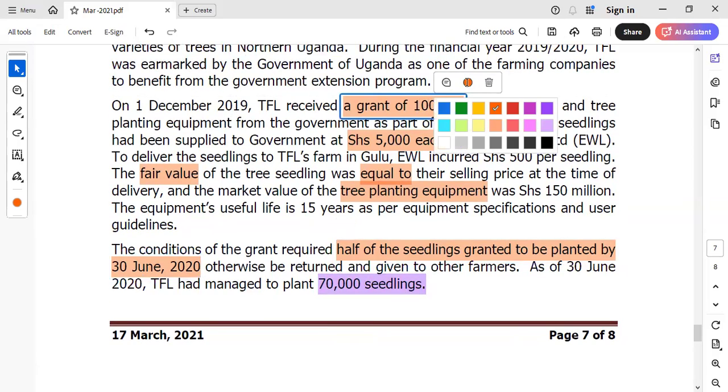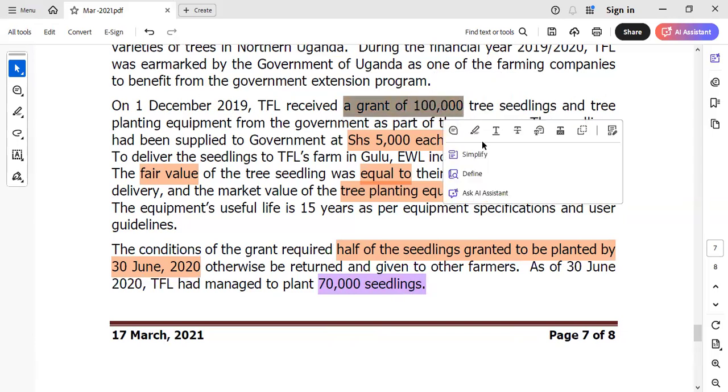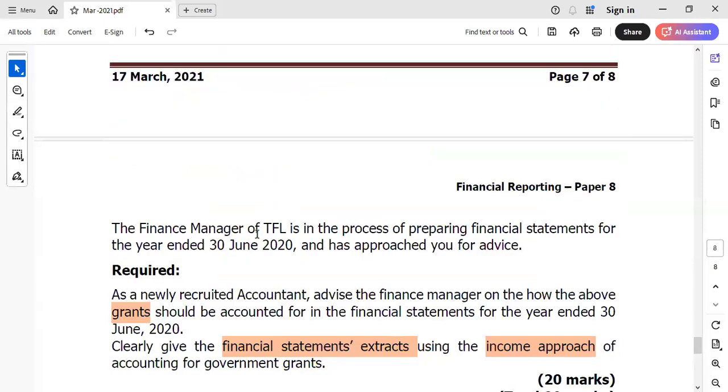Out of 100,000, by 30th June, you had planted 70,000. Remember, the condition is by 30th June to have planted half. So it means that already you have met the condition. The finance manager of TFL is in the process of preparing financial statements for the year ended 30th June 2020 and has approached you for advice.